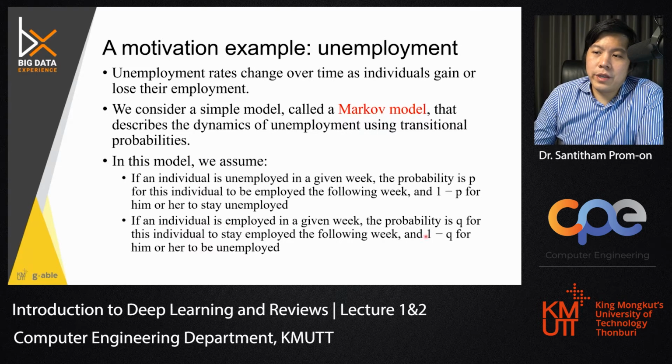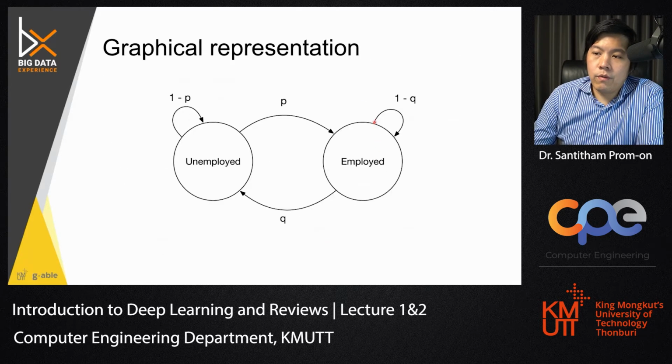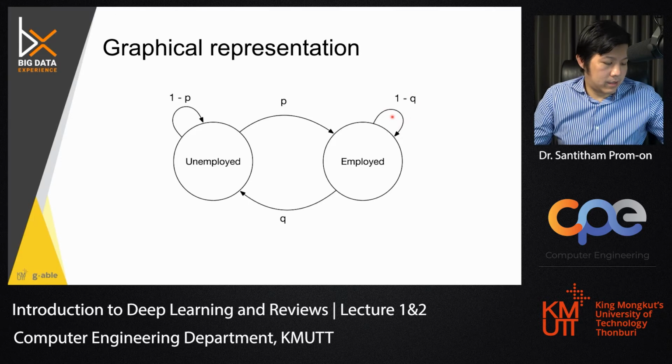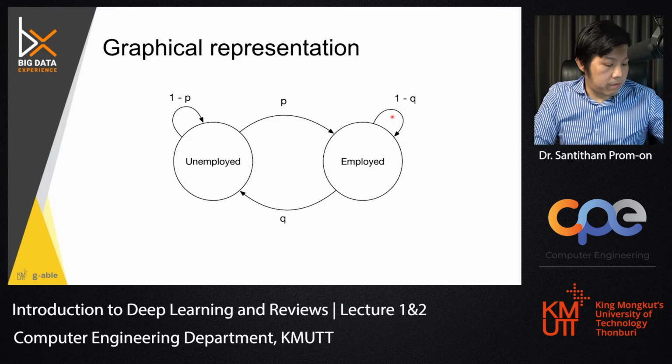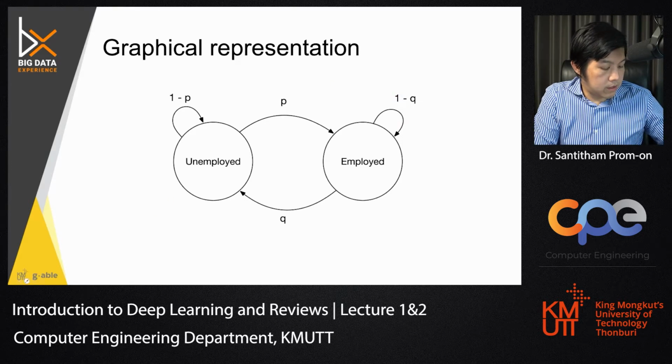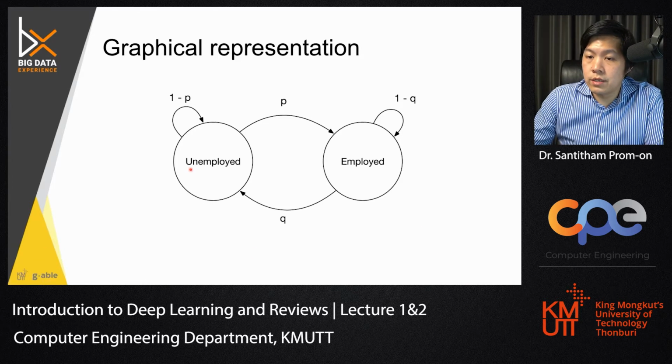If in a certain week that individual is employed, then the probability is Q to stay employed. Maybe I should use this one, so it will stick to the slide.